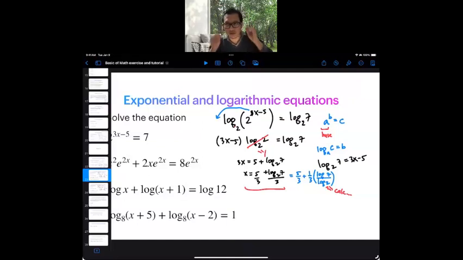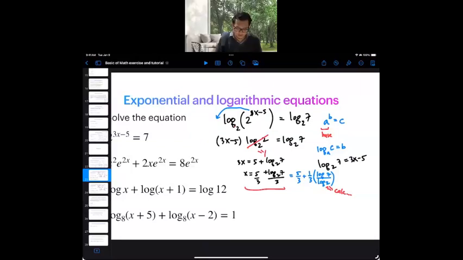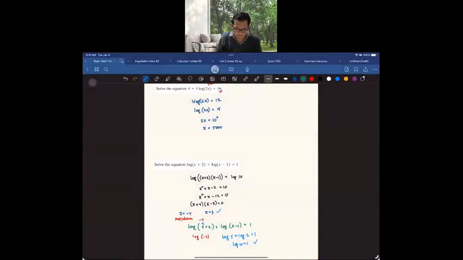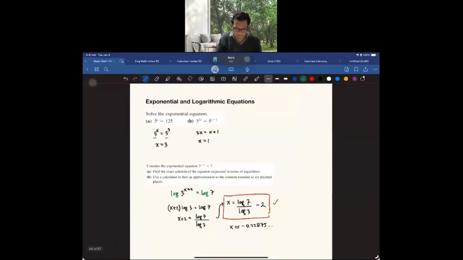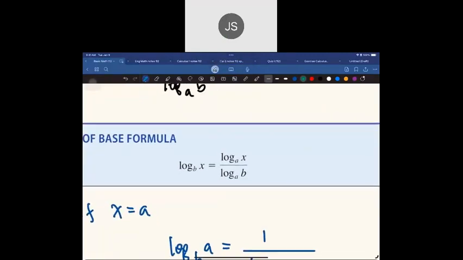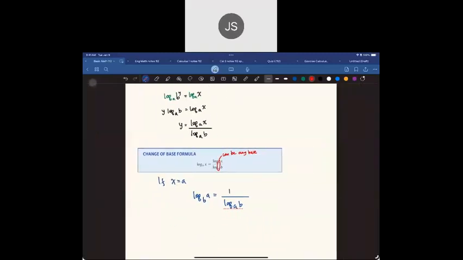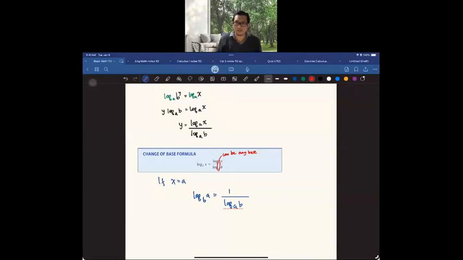Mr. Man, I have a question. Yes. How did you get log 7 over log 2? Yeah, that is basically the change of base rule. I think it is based on here. Let me go back here. This a can be any base, and I choose log base 10 to make it easy to calculate in a calculator if you want to calculate.